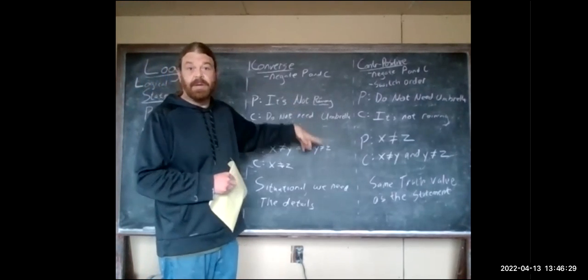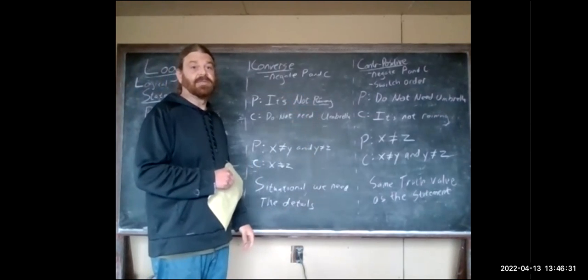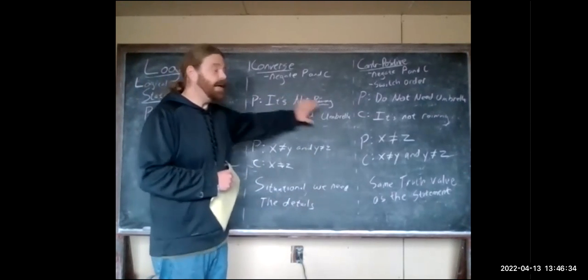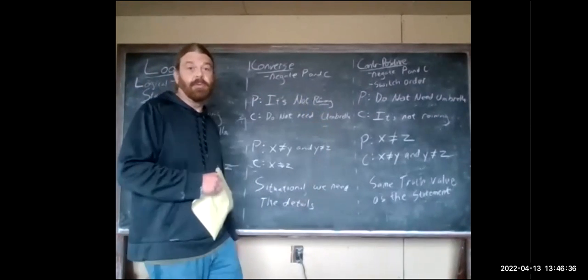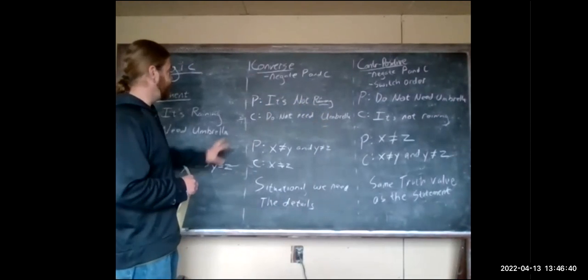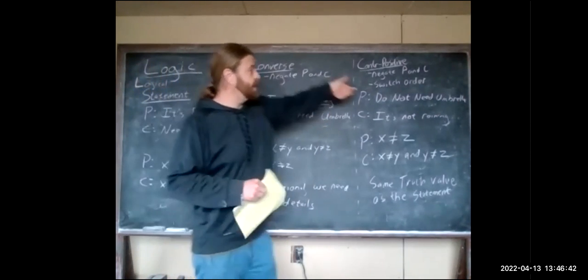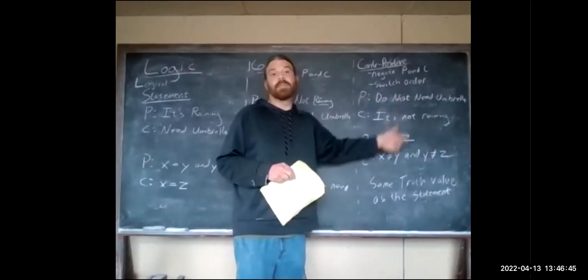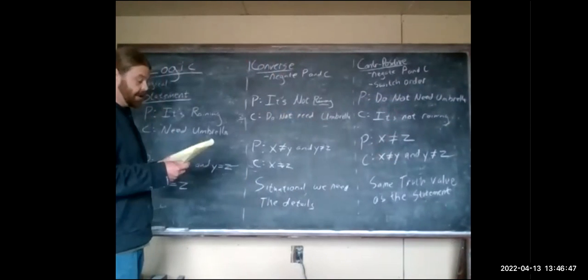And if you end up with something that you don't really have enough details for, like you need to add details to really determine whether that's true or false, that's a good sign because it's a converse. And then switch the order, and you should have something that has the exact same truth value as what you started with.